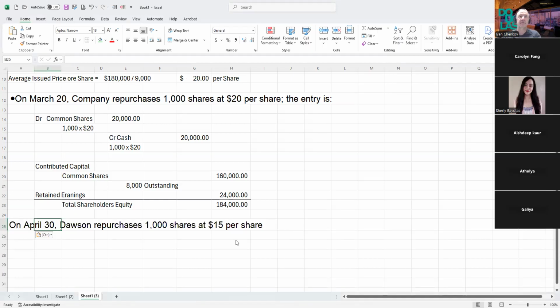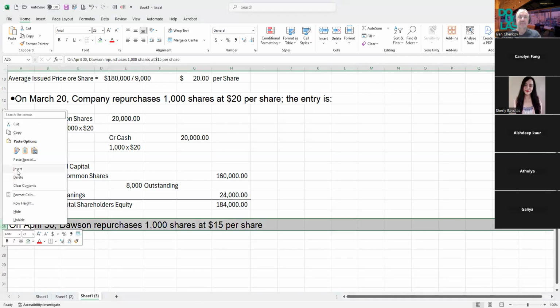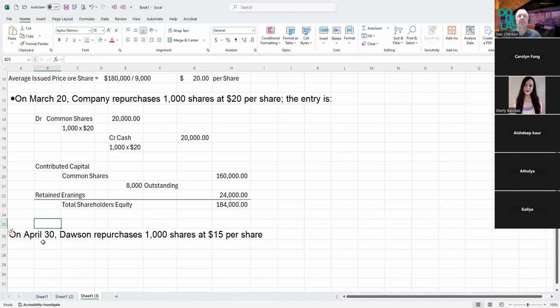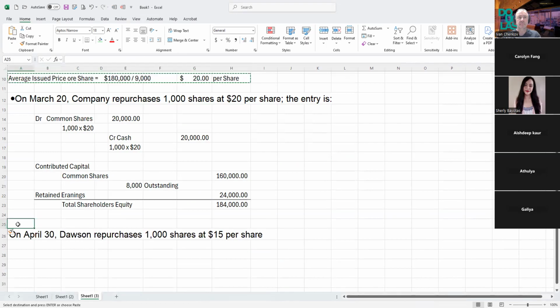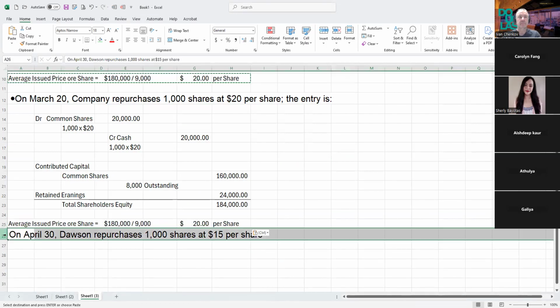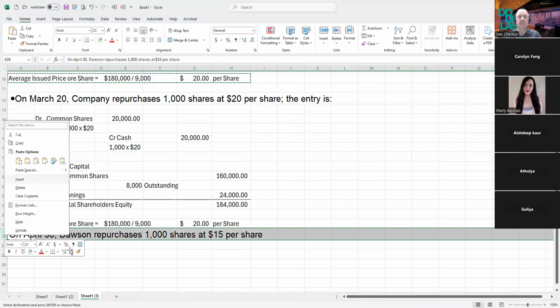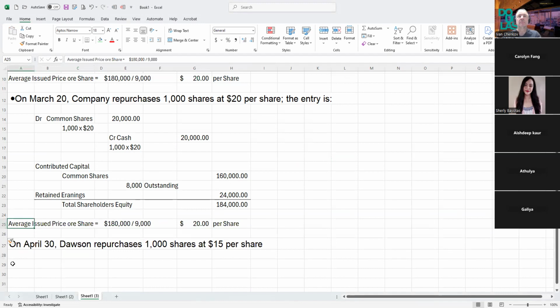Now the question is, at this point, how much is our average issue price per share? Obviously, it's not 180,000. Now we have 160,000 divided by 8,000.